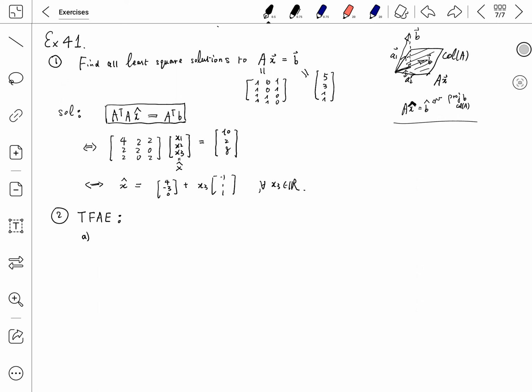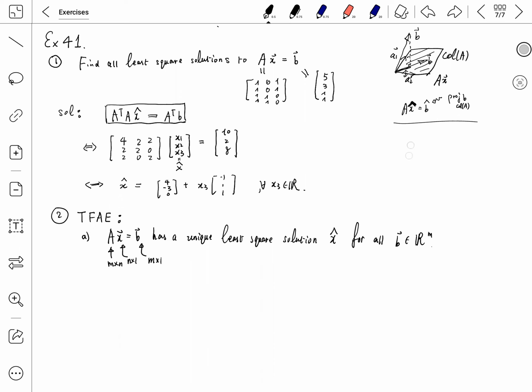A: Ax equals b has a unique, I mean a unique least square solution x hat for all vectors b in R^n. Here I'm talking about A being n by n, this is n by 1, this is n by 1.